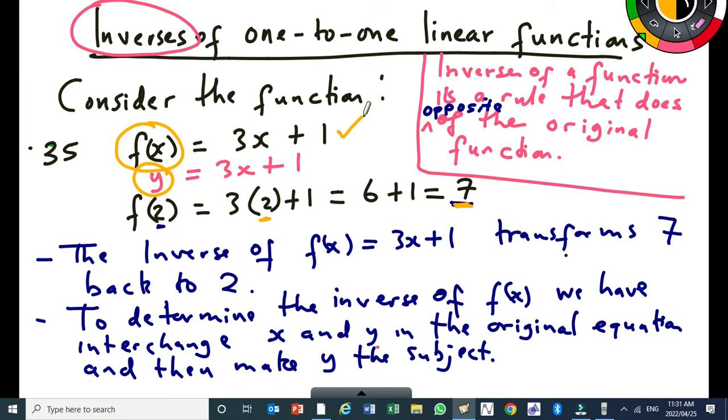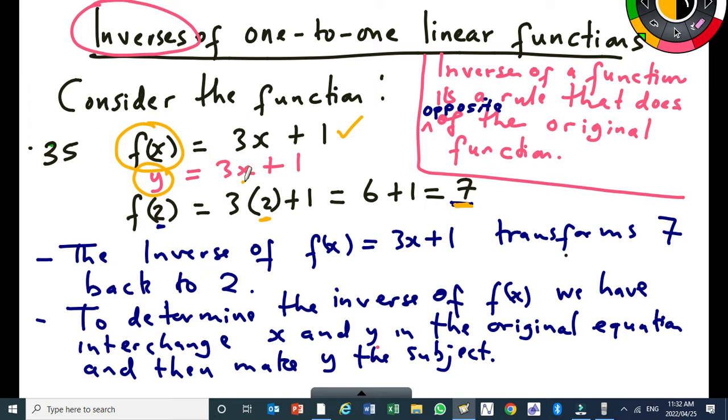At grade 12 level, you are supposed to know that f of x is the same as y. So f of x equal to 3x plus 1 can be written as y equal to 3x plus 1. I'm going to repeat that. Please look and listen. F of x equal to 3x plus 1 can be written as y equal to 3x plus 1.